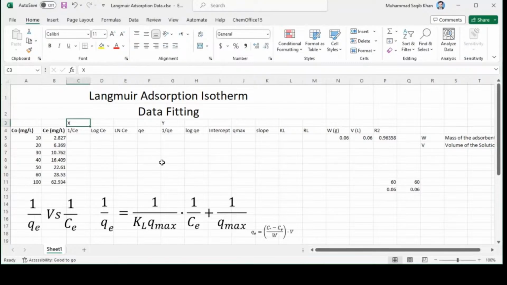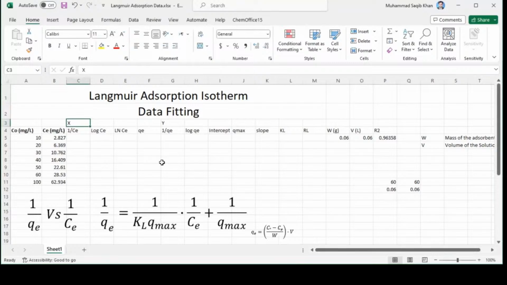So let's put in the formula. RL is equal to 1 divided by, we should put brackets, 1 plus C naught multiplied by KL.